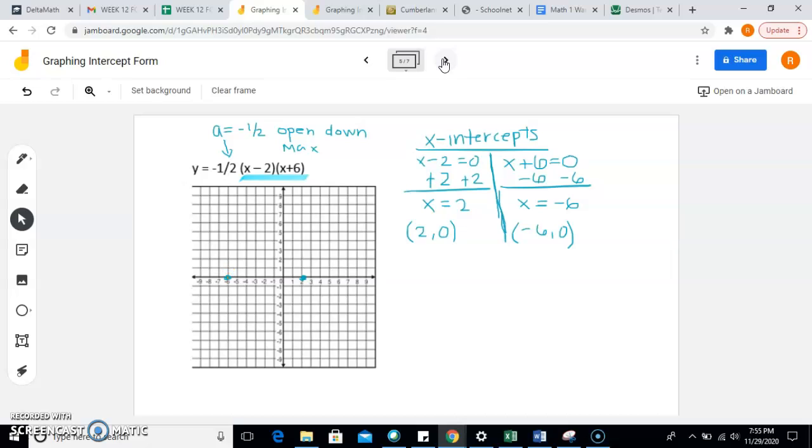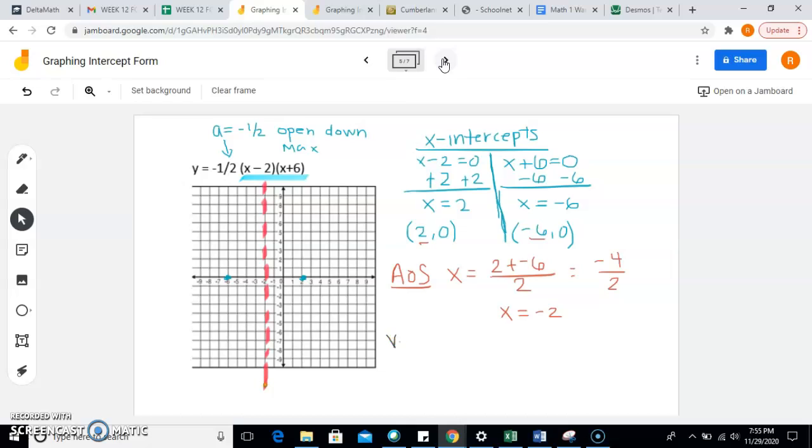Then I'm going to find my axis of symmetry. I'm taking my x values and I'm adding them and dividing by 2. So my axis of symmetry is at -2. So here is the middle of my graph.